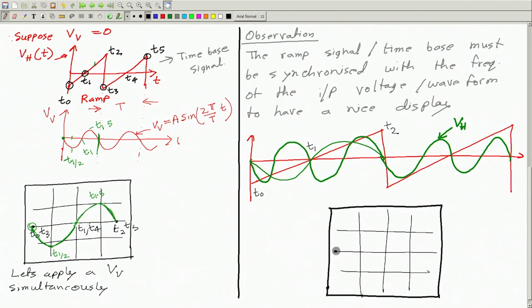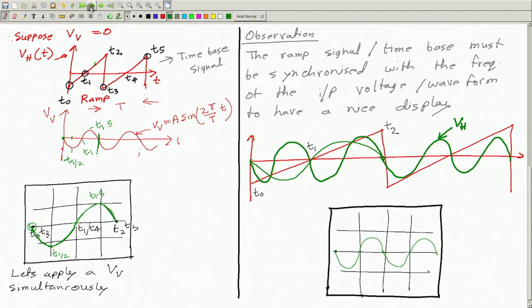So from extreme left, we will first go down here and up and to 0, down, up and to 0. This is T1, and then we will continue to go to the right, but one more cycle, down, up and 0, down, up and 0. So we shall see this pattern. We shall see two cycles on the screen, right?